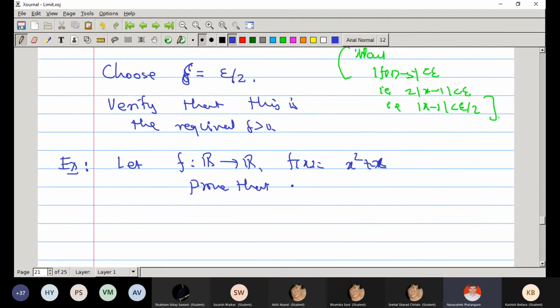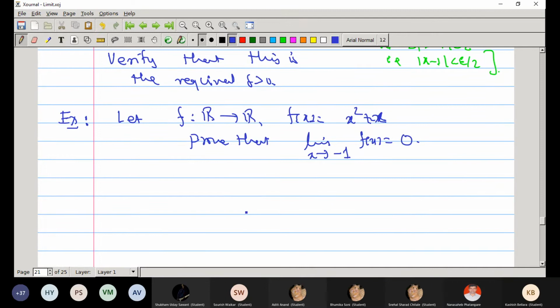So prove that limit x tends to minus 1 of f of x is 0. Can we expect the limit to be 0? Yes, sir. Right. So how to expect and how to prove this? Once you understand the logic and how to decide the strategy, then it becomes very easy.